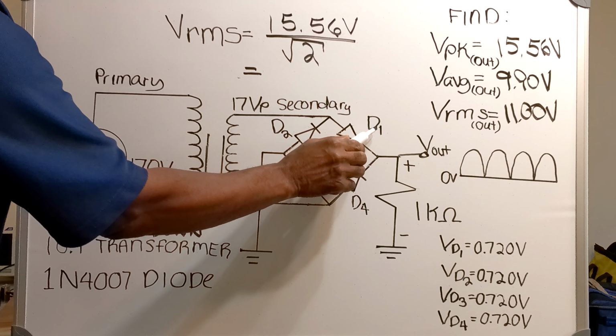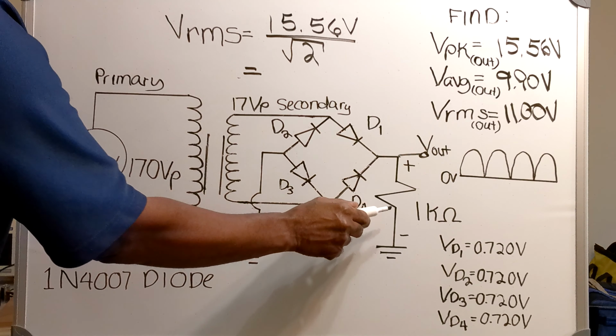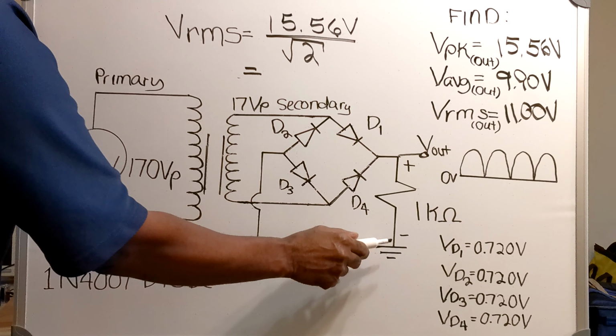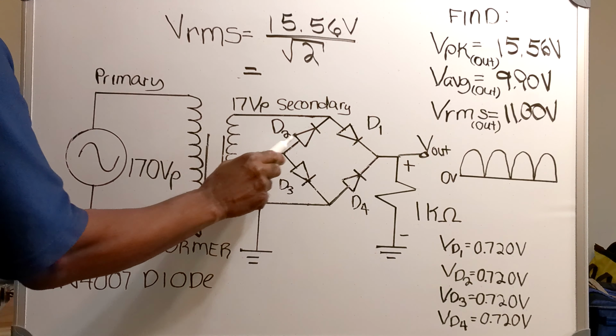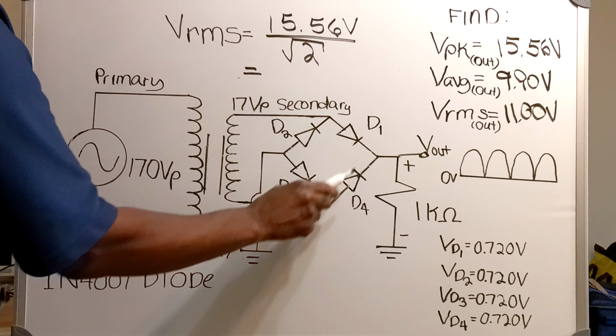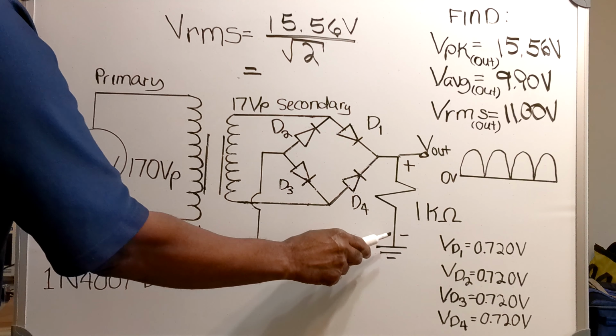Now D1 and D3 are in series with the 1K ohm resistor, and D2 and D4 will also be in series with the 1K ohm resistor.